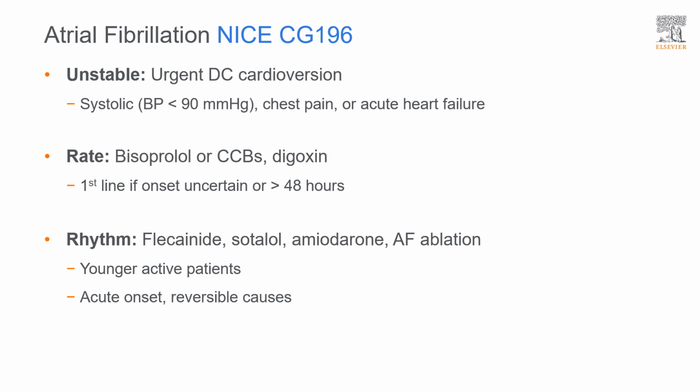Now, people do also use electrical cardioversion using defibrillators, or left atrial AF ablation may be considered for patients with persistent symptomatic AF, despite optimal medical therapy. Obviously, for all of these, this needs a referral to the cardiac specialist.